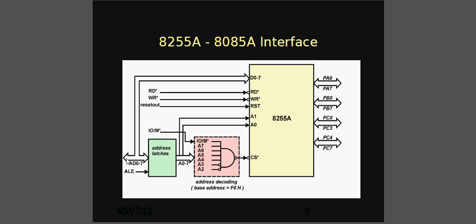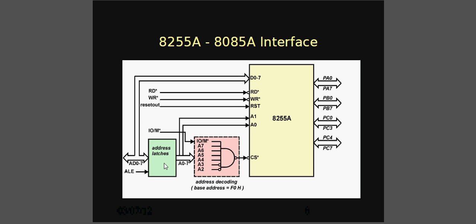We take the line out and connect it here with the address latch, and also it will go into here. Sorry, this is the address, and this is the data.